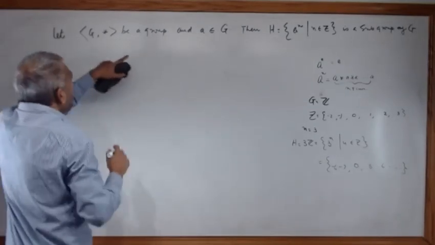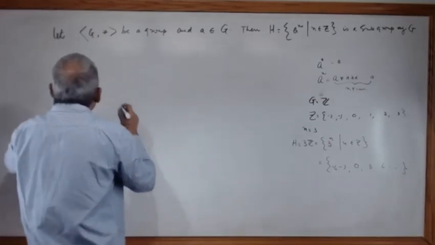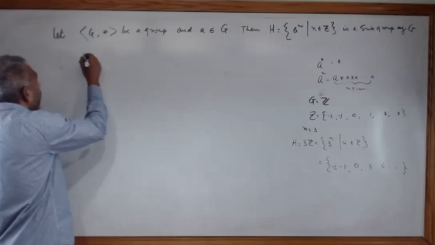If you want to prove that H is a subgroup of G, we need to prove three things.